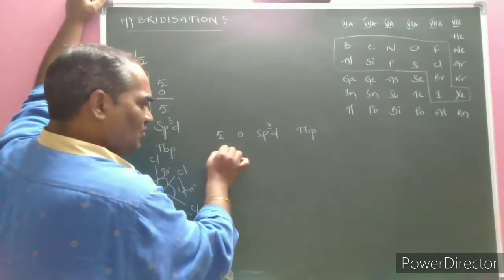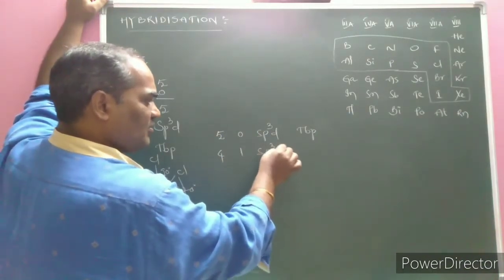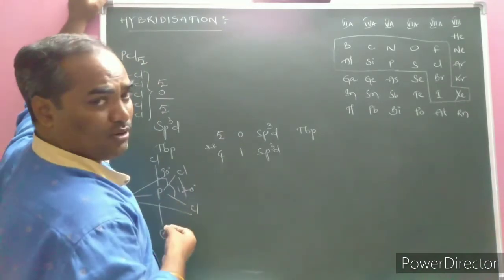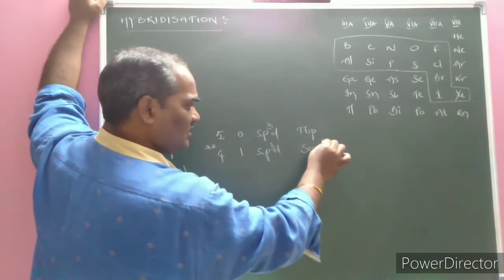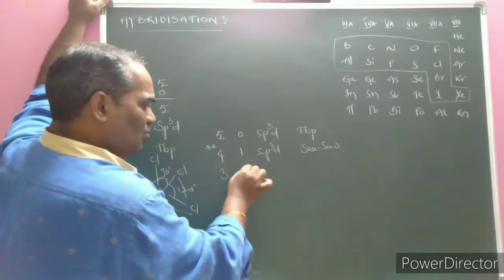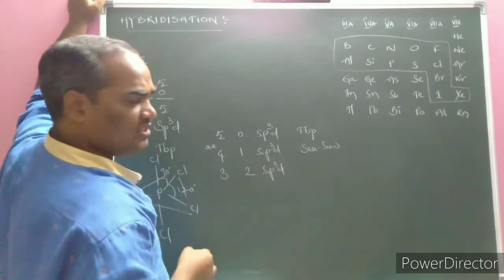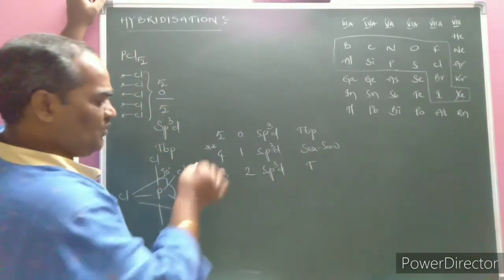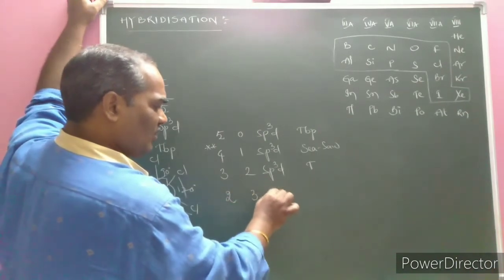Under 5 0, if the 4 1 is taken, very important one, that is sp3d hybridization. The 4 1 case is a very important one. The shape that we call is the seesaw geometry, whereas if the 3 2 is given, the same sp3d hybridization, the shape is T shape, and here are 2 bond pairs and 3 lone pairs of electrons.